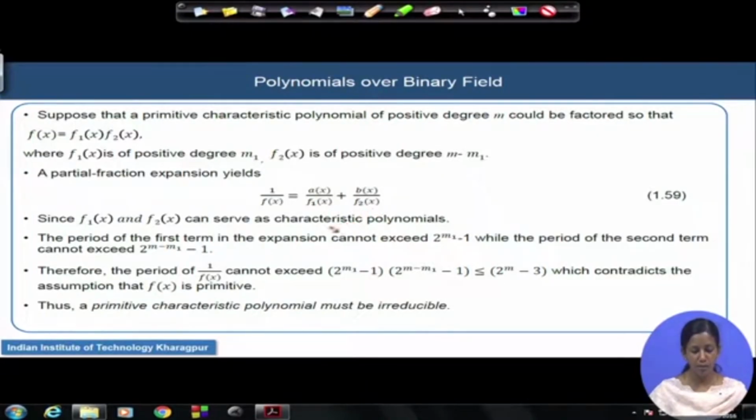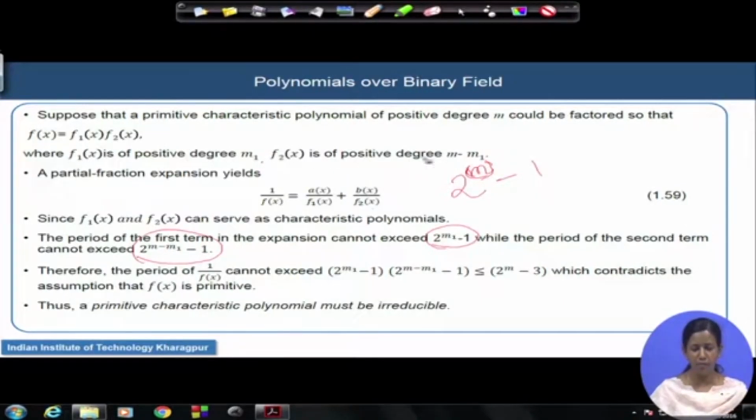So, the period of the first term of this expansion can never go beyond 2 to the power m1 minus 1, whereas the second can never have a period that exceeds 2 to the power m minus m1 minus 1, because both of them are characteristic polynomials and they are supposed to generate a period equal to 2 to the power their corresponding degree minus 1.